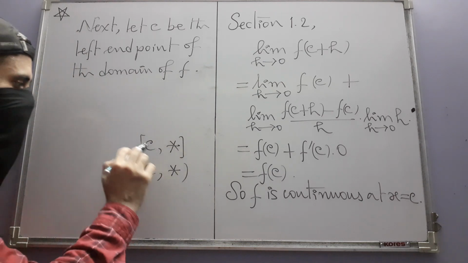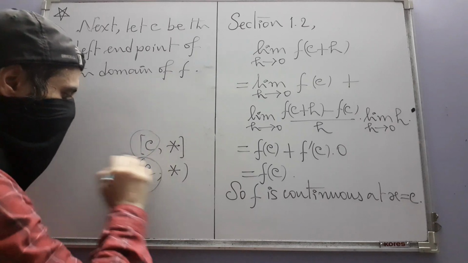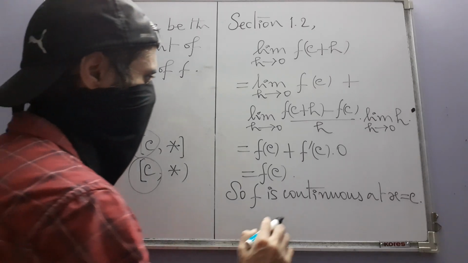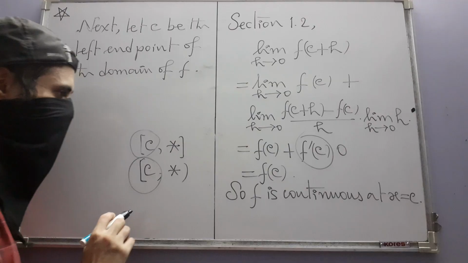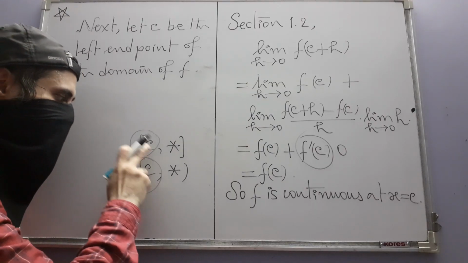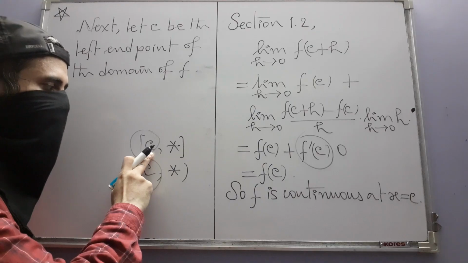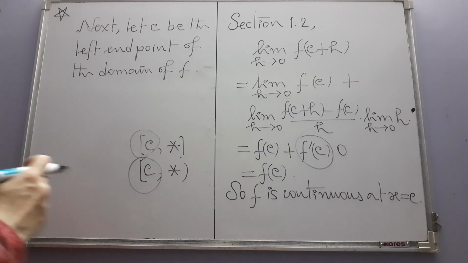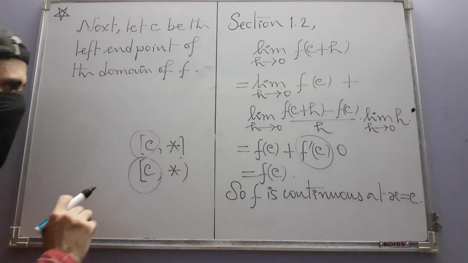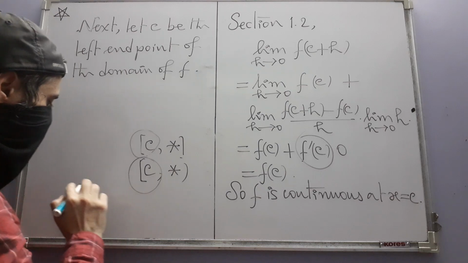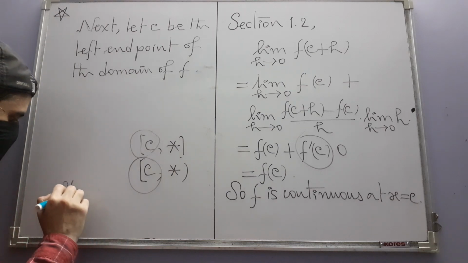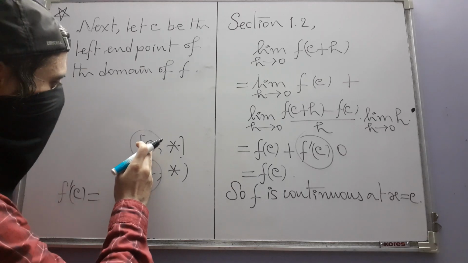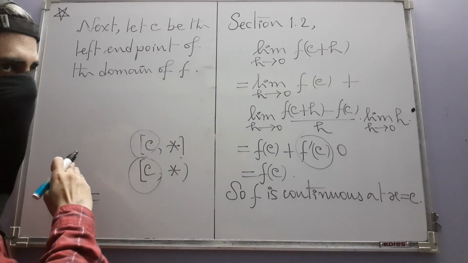But we know that the left end of the domain looks like this, which means that the hypothesis that f is differentiable at c also has a slightly different meaning here than its usual meaning inside the domain, in the interior part. Here f prime of c is what? It won't be this limit, because now we no longer have a left side of c.